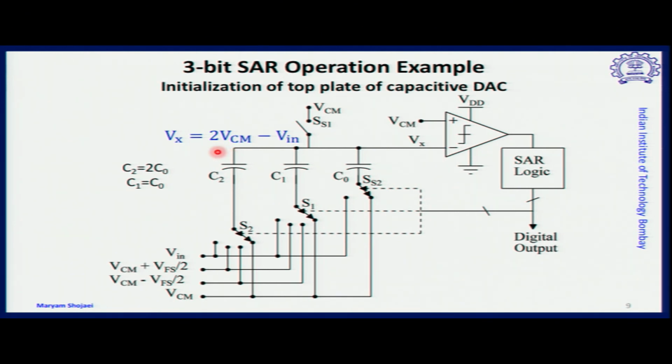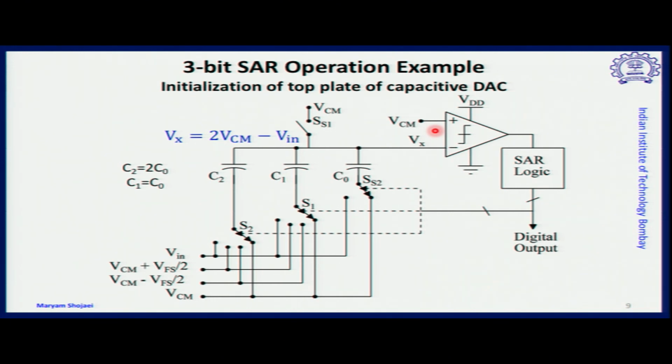The first VCM is the common mode level. When Vx enters the comparator, the comparator compares VCM plus (VCM minus Vin) with VCM. Now, if you remove VCM from both the positive and negative terminals, it is equivalent to comparing VCM minus Vin with 0.